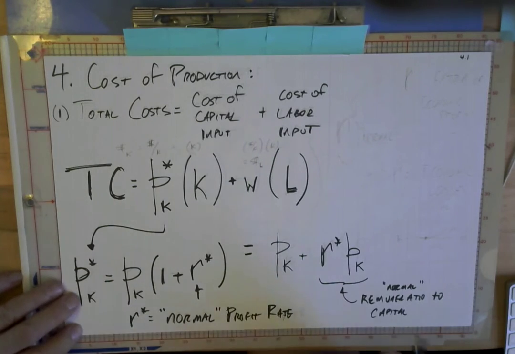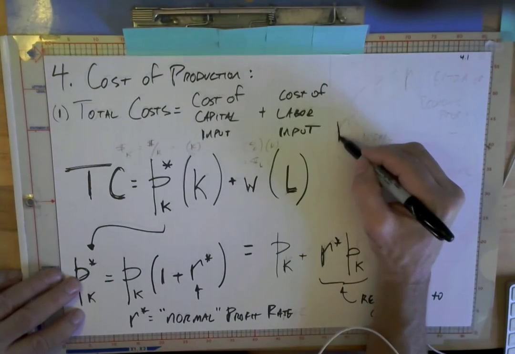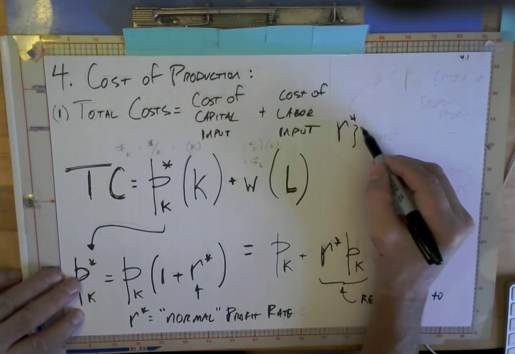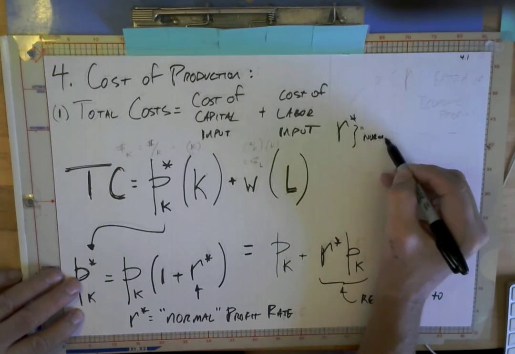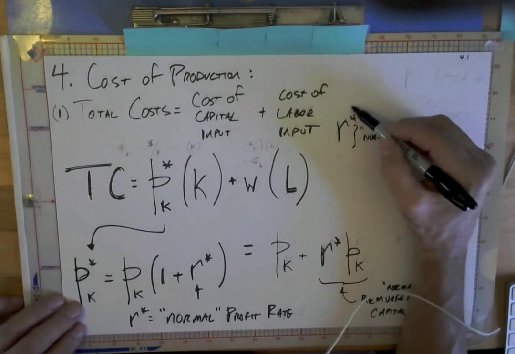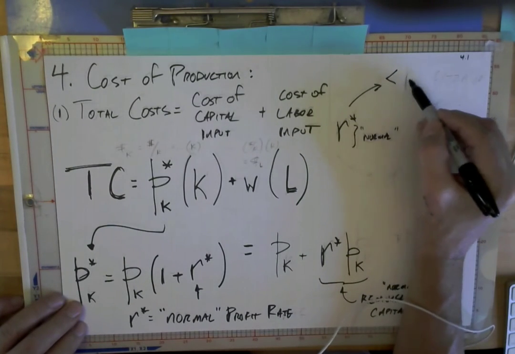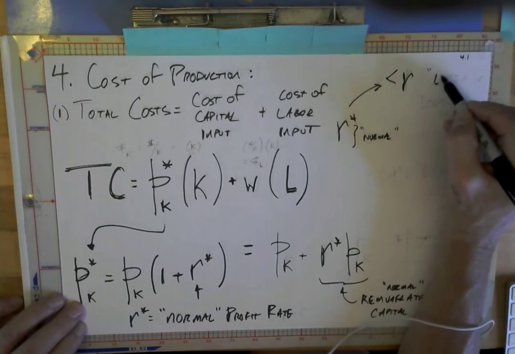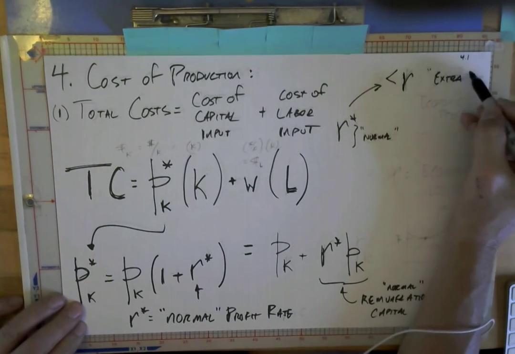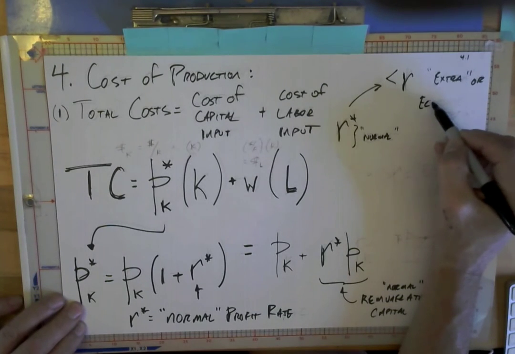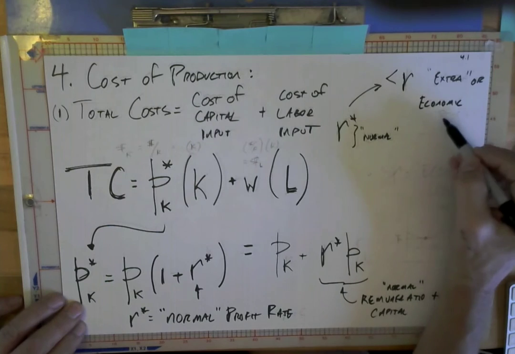Well, what do we mean by normal? You can think of it as just the regulating, if you will. There are different theories to determine normality, so that the normal rate of profit is going to be a certain quantity. How it is determined is a separate issue we're going to look at. But the point is that if you have profit that's above the normal, this is what we call extra profit, or as it's referred to in economic theory, economic profit.